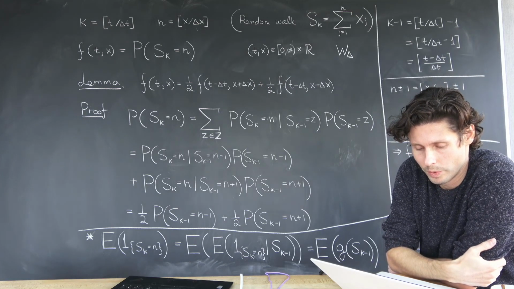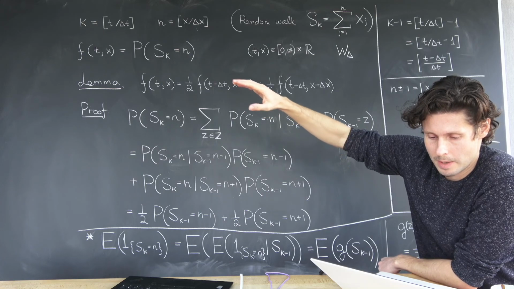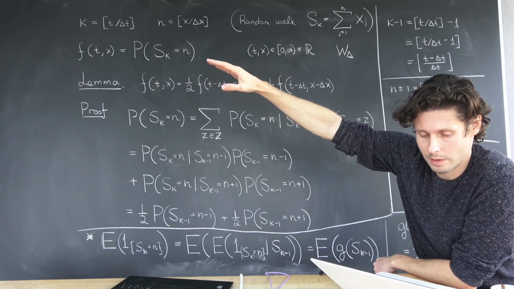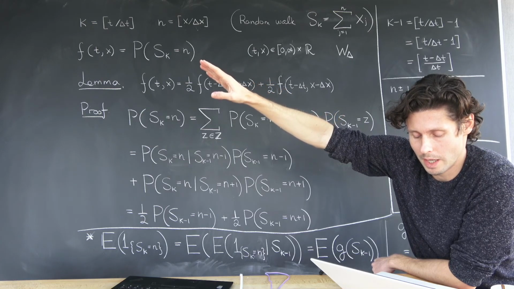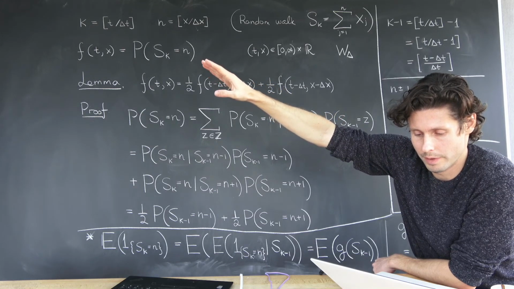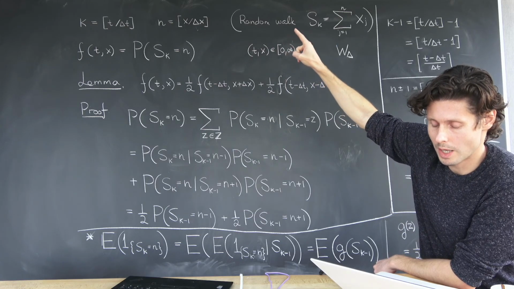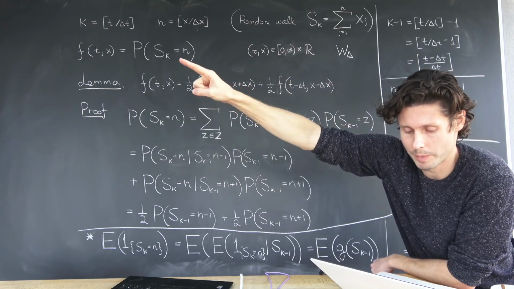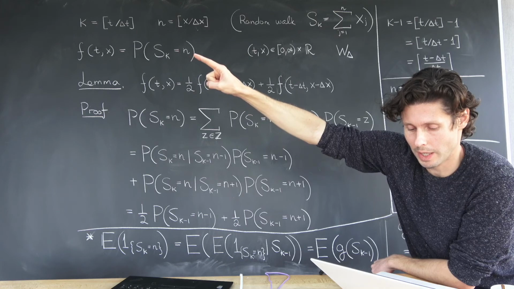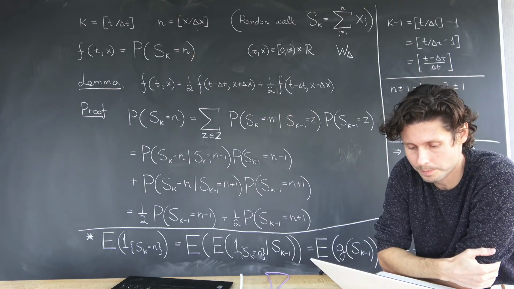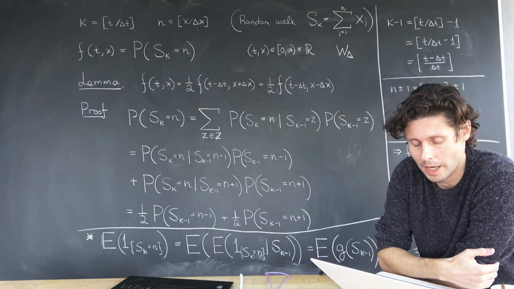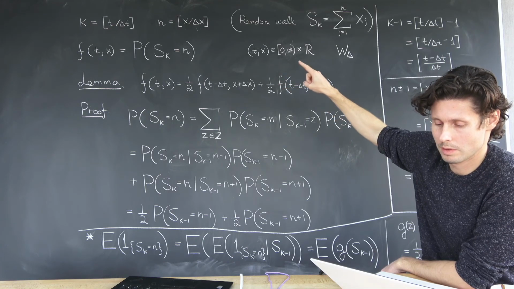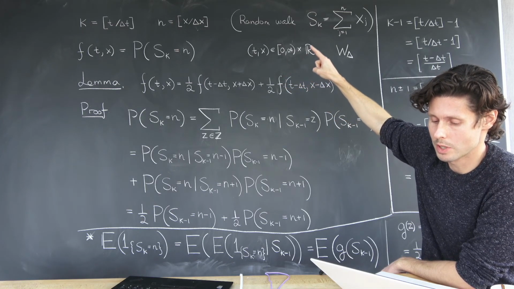And so what I'm going to be thinking of now is this conversion between discrete and continuous time, where I'm looking at the position of the discrete time, discrete space random walk at time k, and it's in position n, and n here is some integer, and k is a natural number, and I'm going to set that equal to f of t, x, where t is a non-negative real, and x is the position in the space.